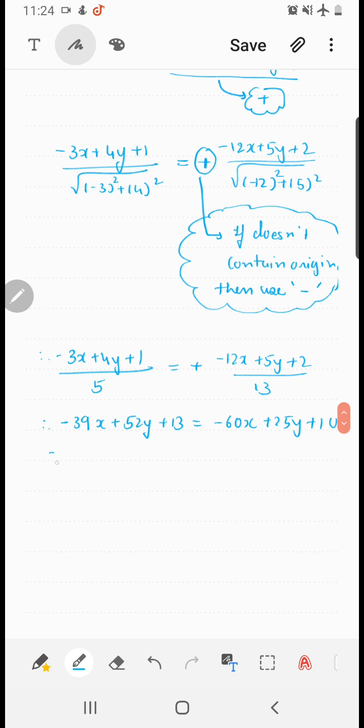So if I take 60 on this side, I get 21x, 25 on this side, sorry, plus 27y, 10 on that side, plus 3 is equal to 0, and we got our desired result.